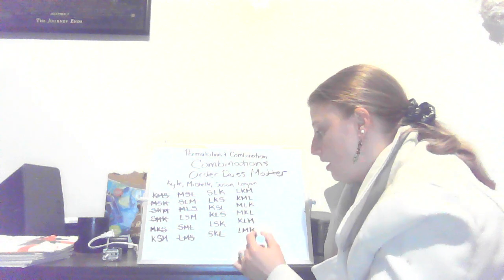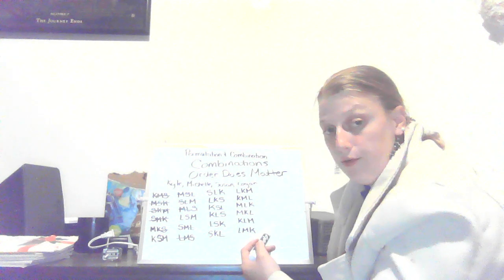Looking at our final set here, we have Logan, Kyle, Michelle; Michelle, Logan, Kyle; Kyle, Logan, Michelle; and Logan, Michelle, Kyle. Let's go with Logan, Kyle, and Michelle. If we go with the first one here, all these become non-existent because in a combination, these are considered the same.